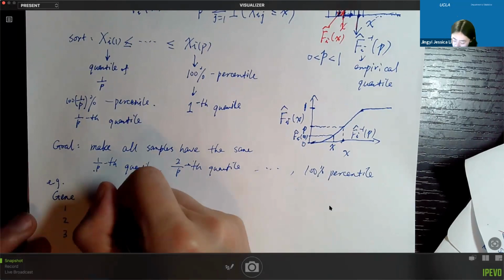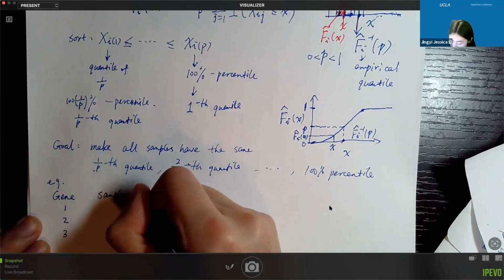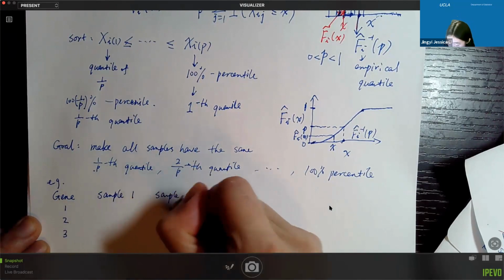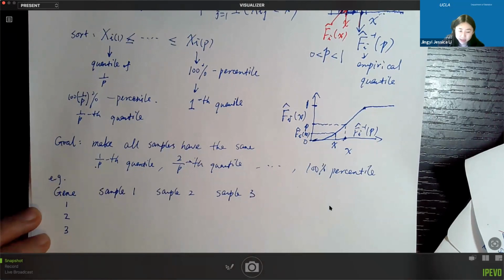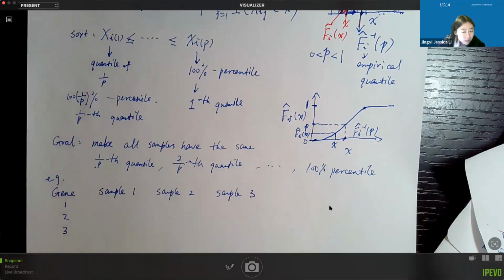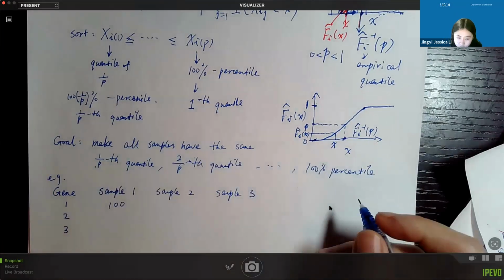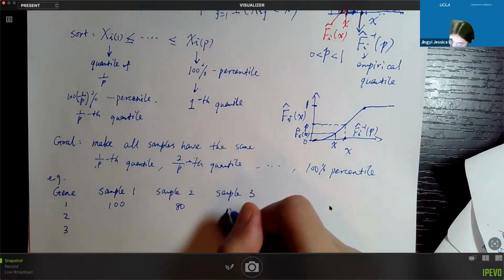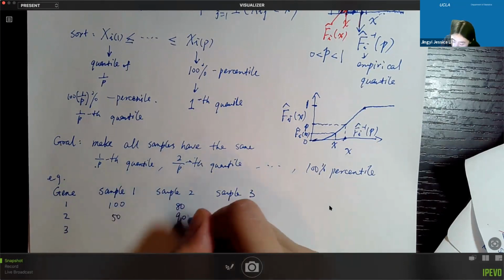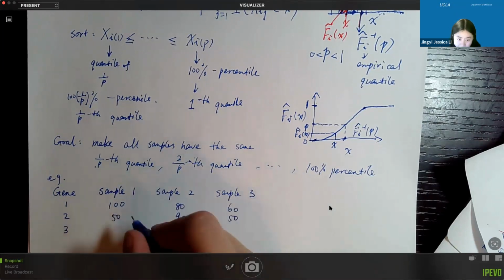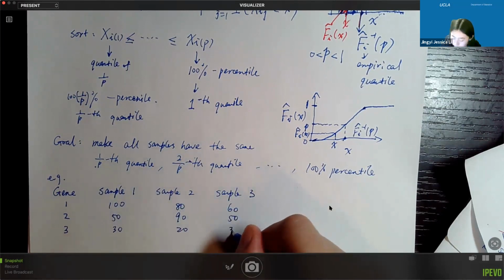And I will still consider 3 samples, sample 1, sample 2, and sample 3. And I'll just make up the numbers over there. So sample 1, gene 1, I just put number 100, 80, 60, and 50, 90, 50. And then 30, 20, 30.